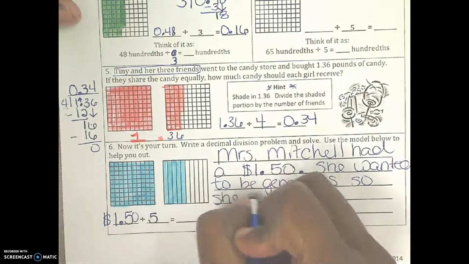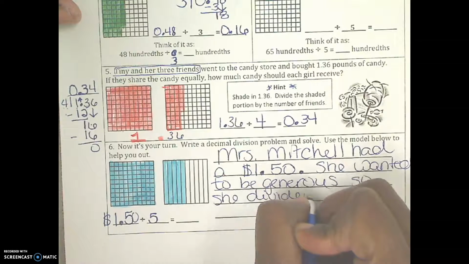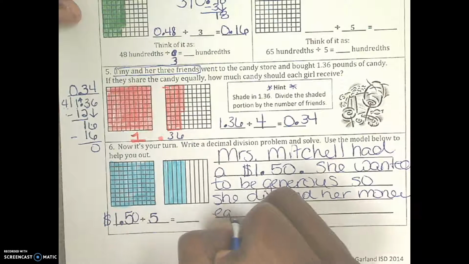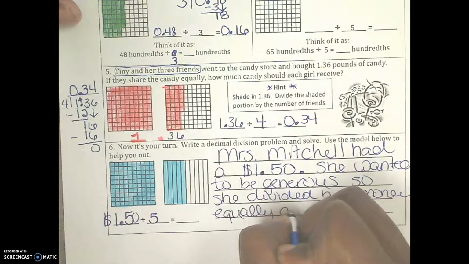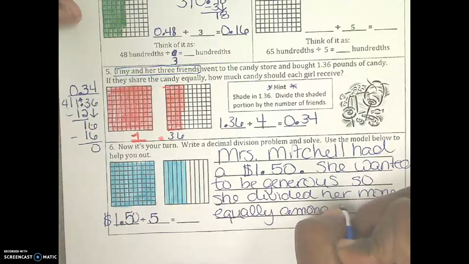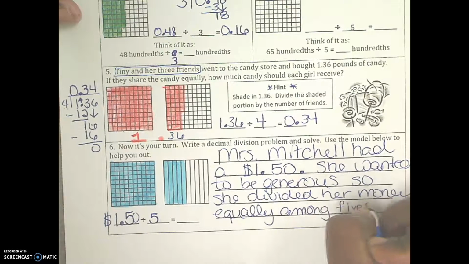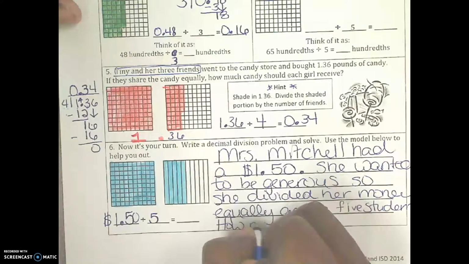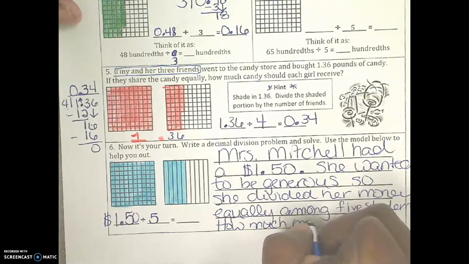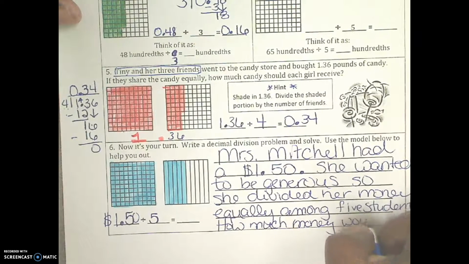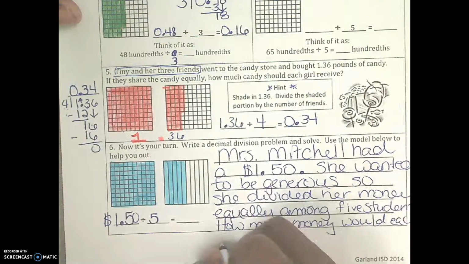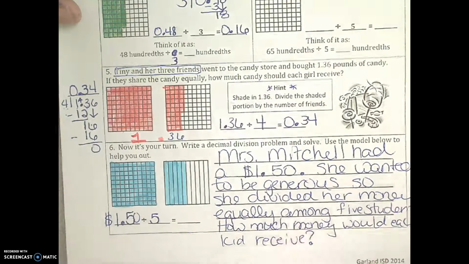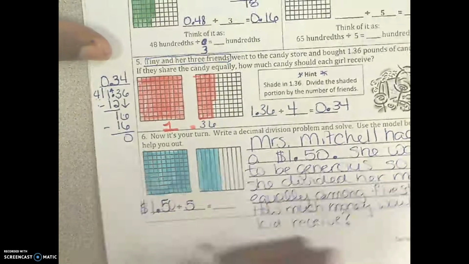So she divided her money equally, so generous, among 5 students. How much money would each kid receive? Ta-da! Done! And now I'm going to find the answer.